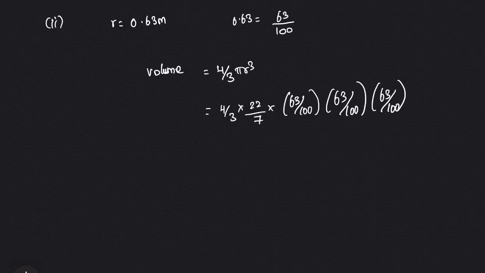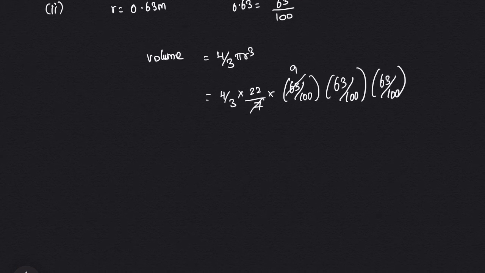After cancelling, 9 times, then just multiply. The final value is 1.0478 meter cube.